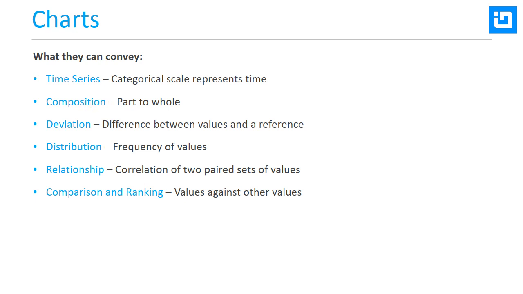Compositions, part-to-whole relationships, deviations, the difference between a value and a reference. We can show distributions, we can show relationships, for example, correlations of two paired sets of values. And we can show comparisons and rankings, which is showing our values against other values.